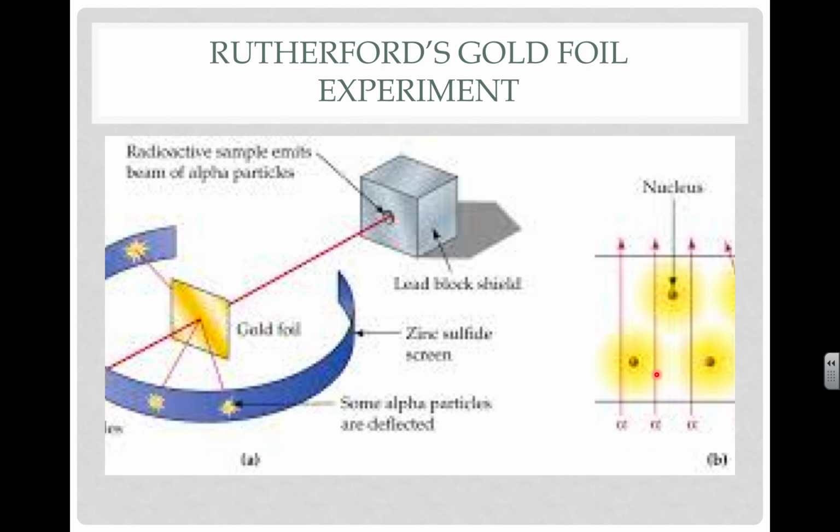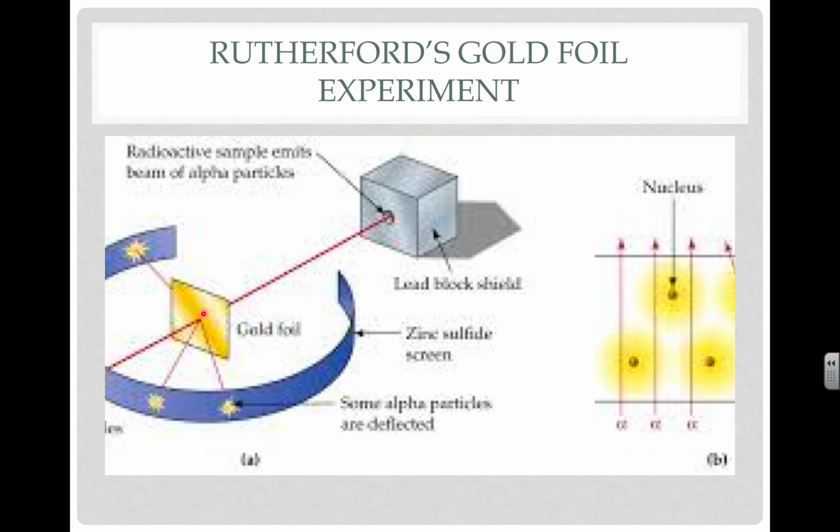We are now up to Ernest Rutherford, and he does a gold foil experiment where he set up a chunk of uranium inside a lead shield, and it emits radioactive particles, alpha particles, which are positively charged, and he fires them at some gold foil.